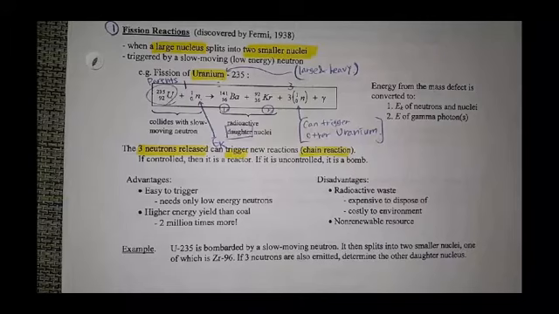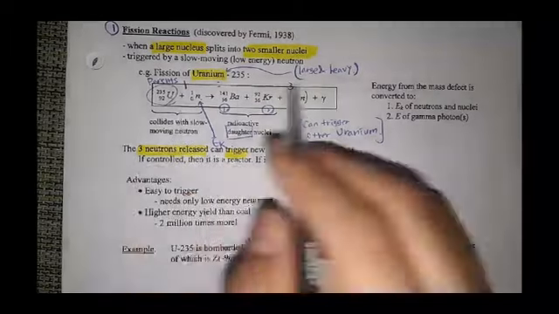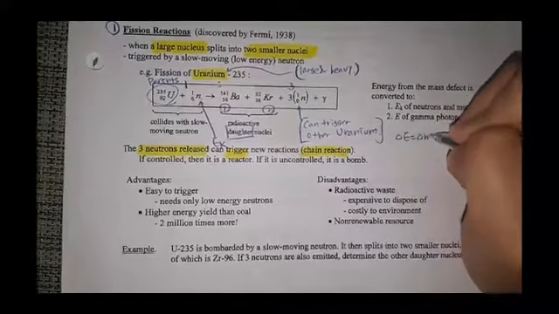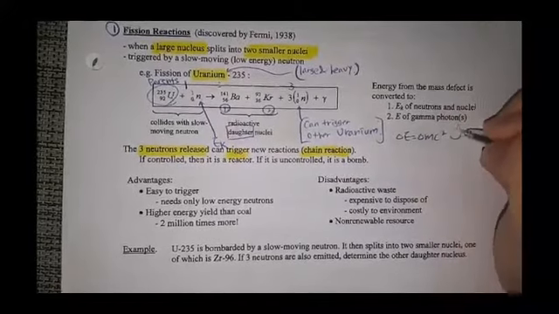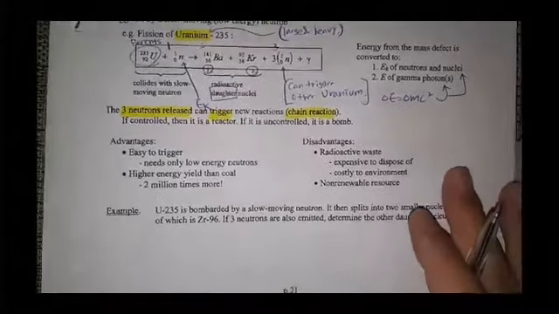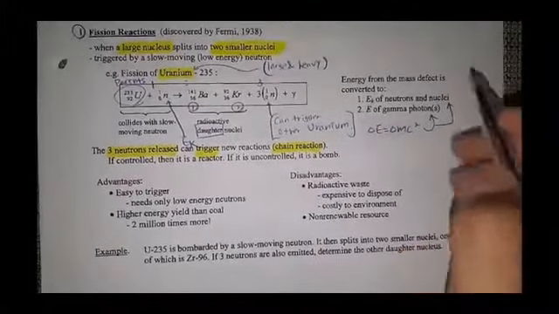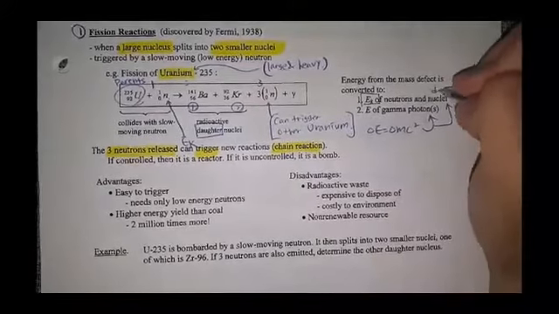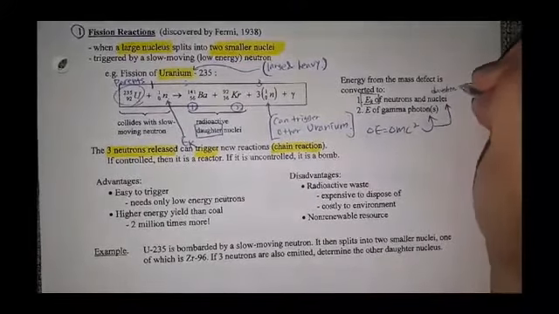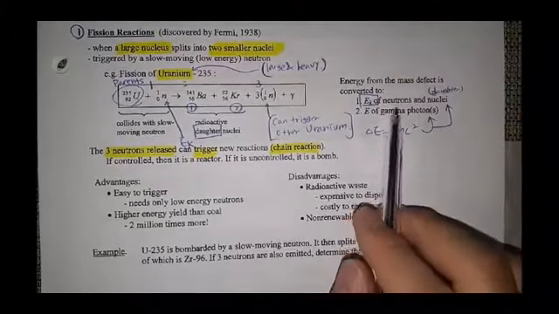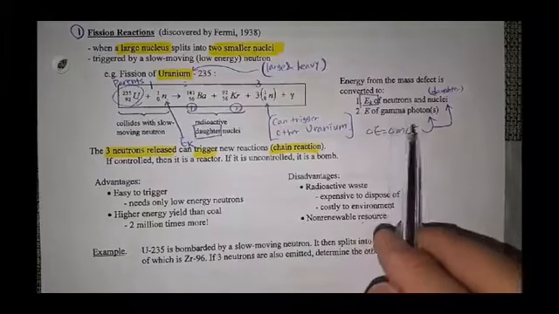And the energy from the mass defect of this entire reaction, which is delta E equals delta m c squared, can turn into two different types of energy. The very first one, which is the obvious one, is the kinetic energy of our daughter nuclei and neutrons. And these neutrons, like I said, can trigger more and more and more.